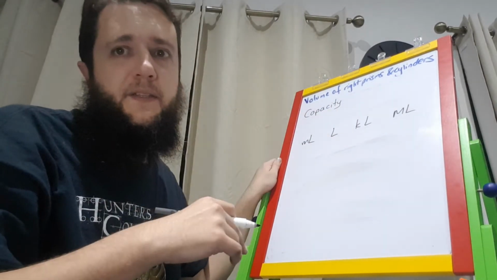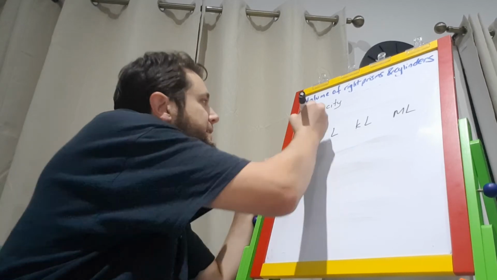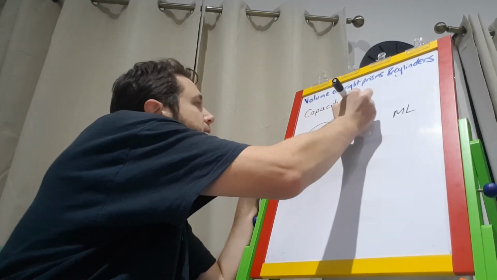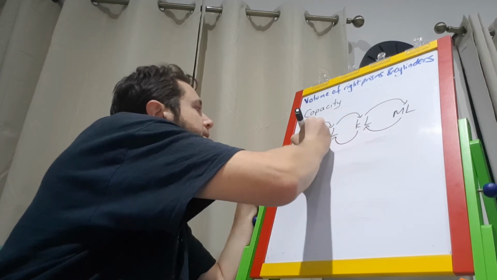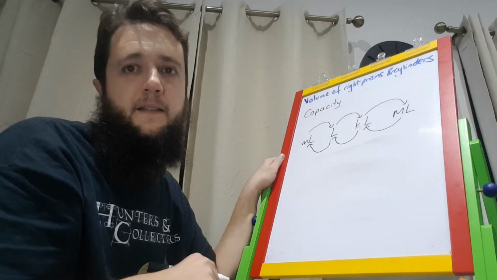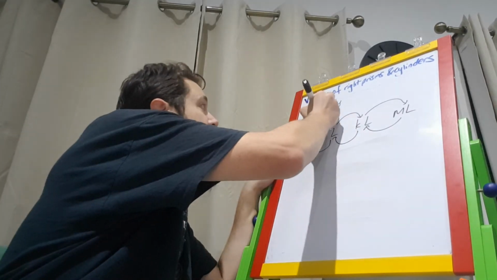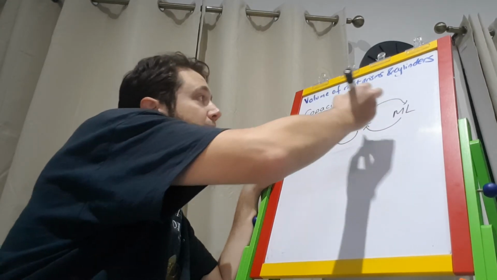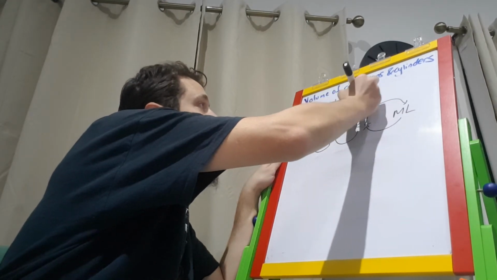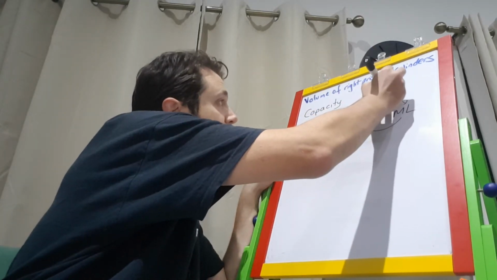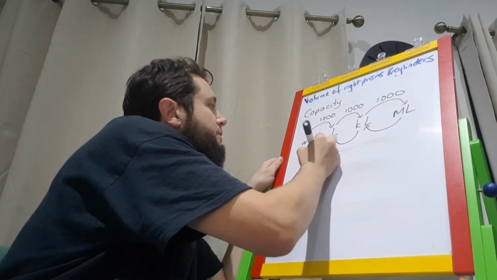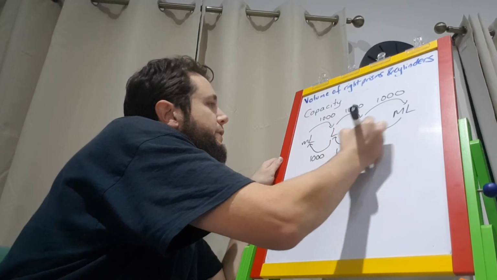Megaliters is just 1,000 liters. Don't get fazed by that. How many milliliters is in a litre? Hopefully you'll say 1,000. How many litres is in a kilolitre? Hopefully you'll say 1,000. How many kilolitres is in a megalitre? Hopefully you're getting 1,000 out of that as well. All the conversions with capacity are in 1,000.